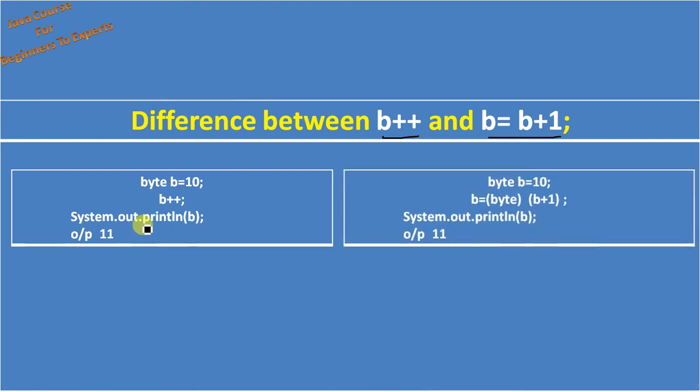Now see what happened with byte b = 10 and b = b + 1. You need to typecast it to byte, because the result of b + 1 is not byte type. The result of b + 1 is int type. That's why we need to convert it into byte type.